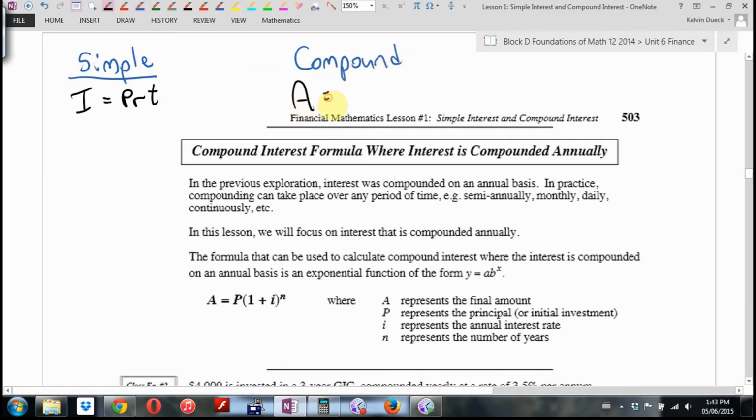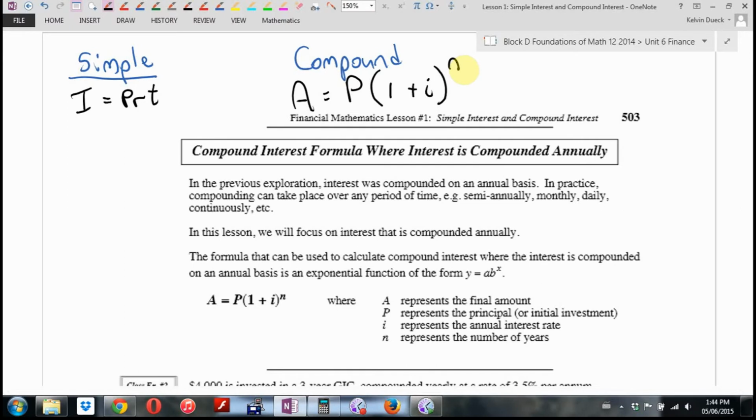A for amount equals the principal times, in brackets, 1 plus lowercase i to the n. It's the same formula that's down the page here, but I always have kids just write it out so they can see how it's put together.